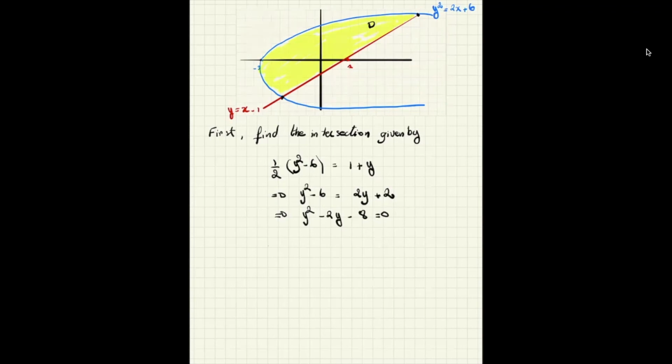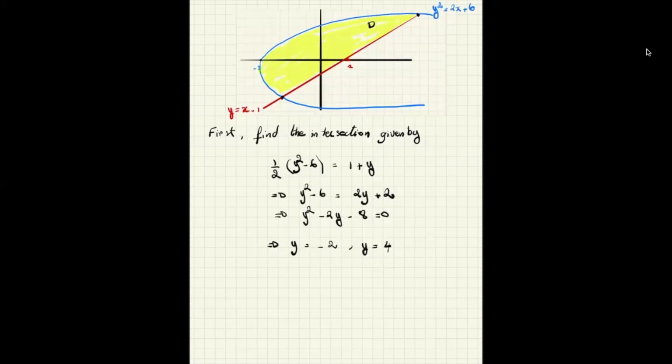Y is equal to -2 or 4. That's what it's supposed to be. And y is equal to 4, 16. Okay, so solve it, and it's gonna give you what it gives you.